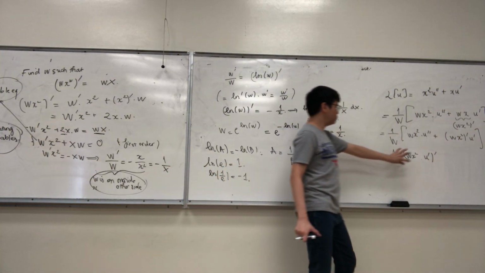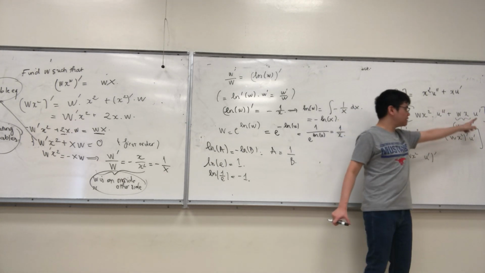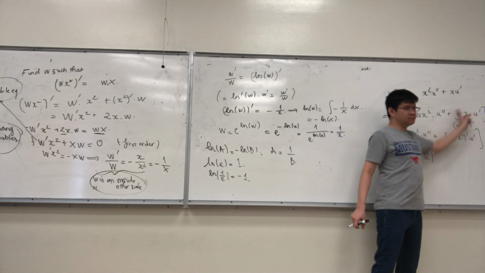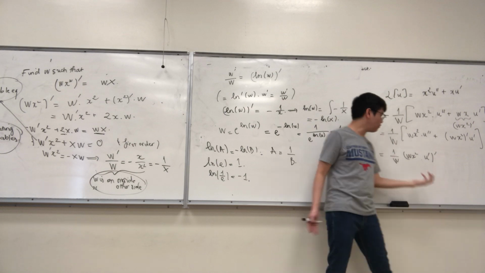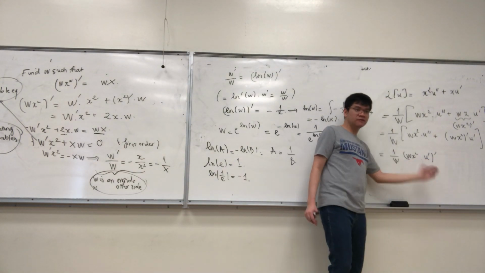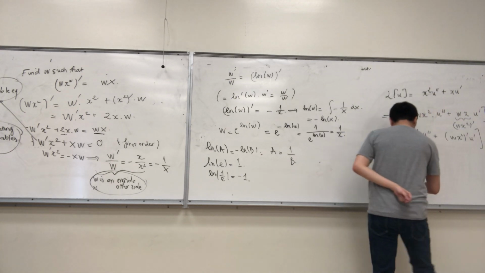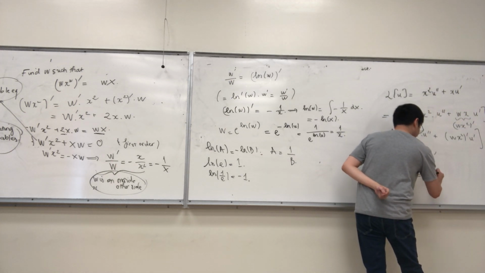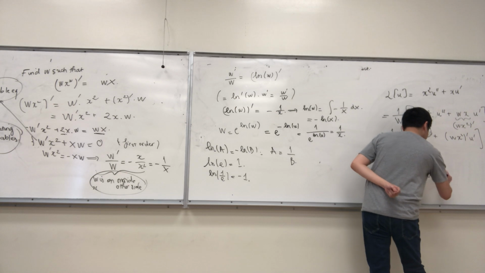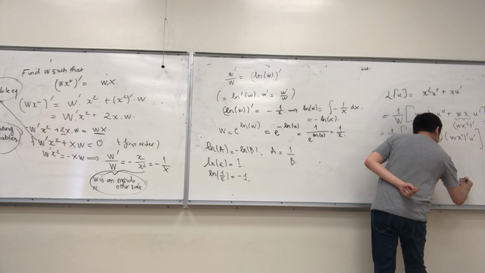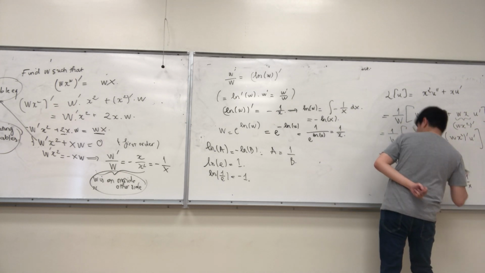The goal of everything is to get rid of the extra term so that you have only one term like this. And w is chosen such that w x is equal to (w x squared)', and we have w is 1 over x.